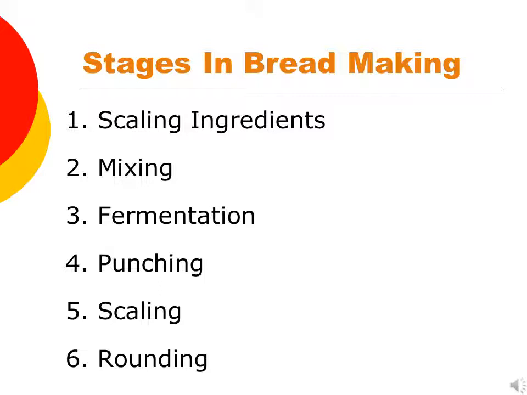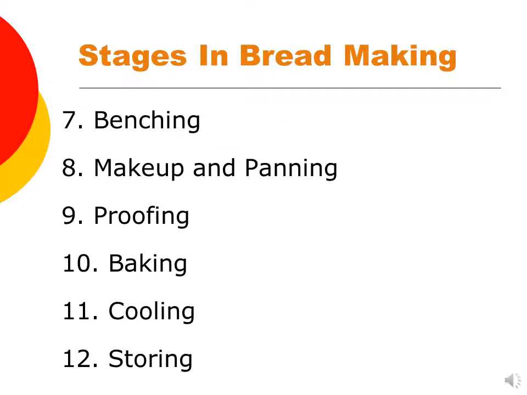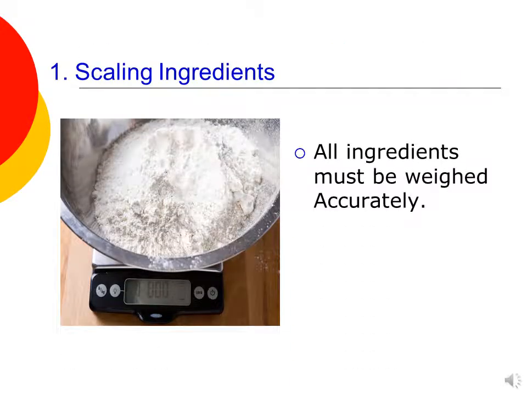The 12 stages are: first, scaling ingredients; second, mixing; third, fermentation; fourth, punching; fifth, scaling; sixth, rounding; seventh, benching; eighth, makeup and panning; ninth, proofing; tenth, baking; eleventh, cooling; and the last step, twelfth, storing. Let's discuss all stages in detail.